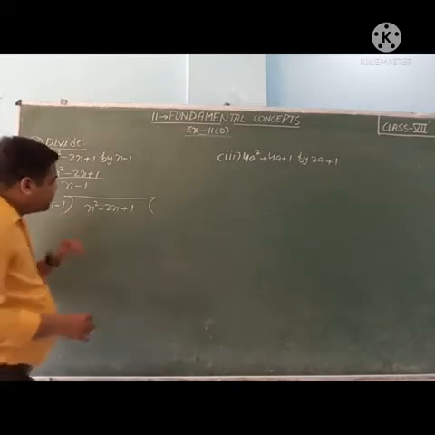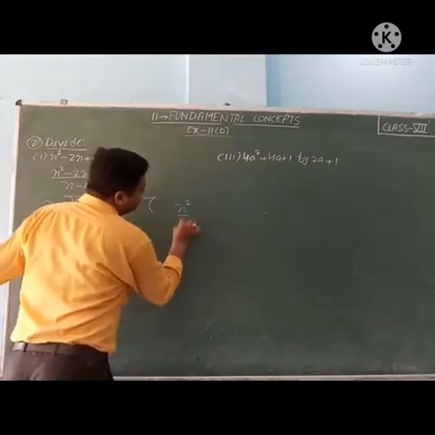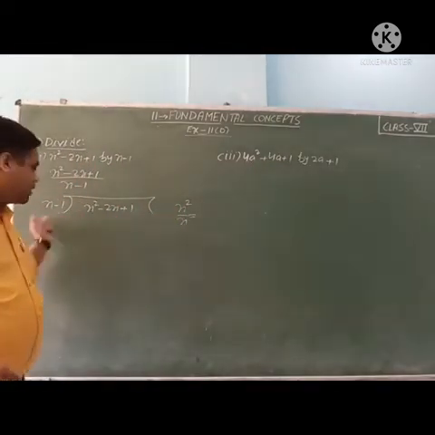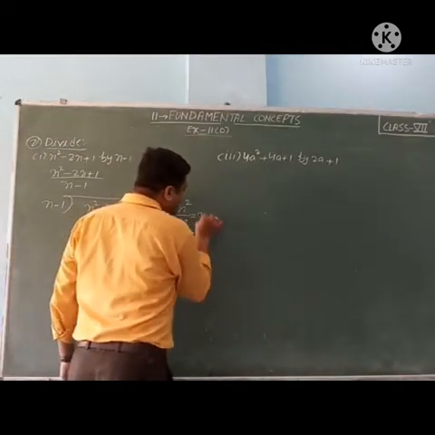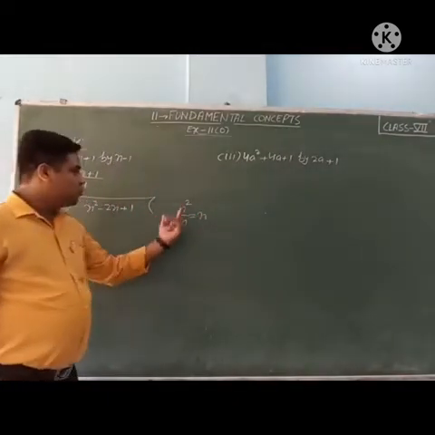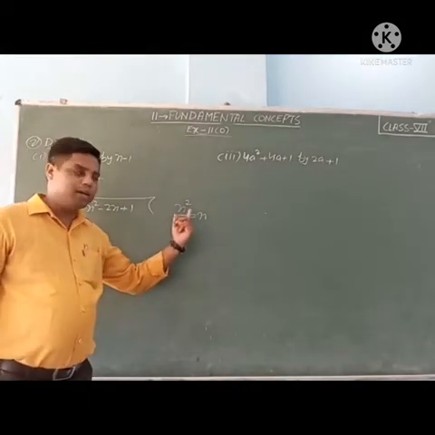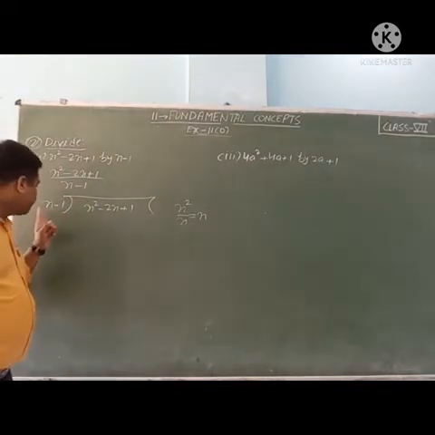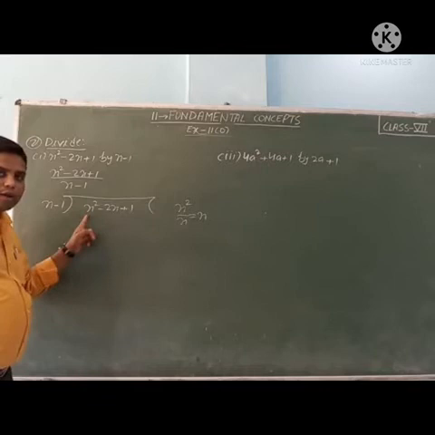We can divide this n square by this n. Then we can tell by what number or variable we will multiply in n. So when we divide, what we will get? We will get n, because 2 minus 1 power will be subtracted. 2 minus 1 power, it means only n. So by n we will multiply in n, it will come n square.